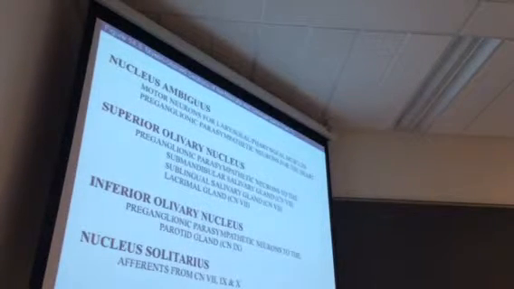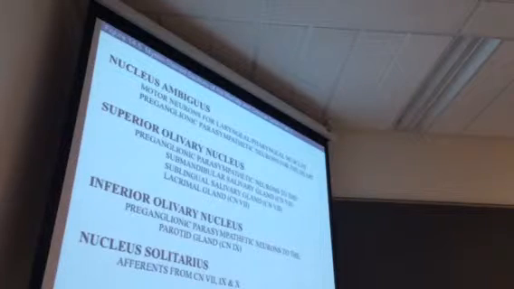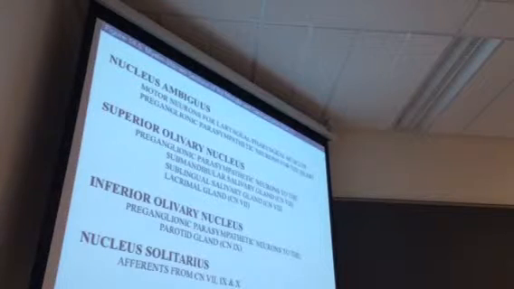Nucleus ambiguus. You should be able to locate nucleus ambiguus. Now, I know a lot of times you want to just look at a section and say, well, here it is in this section. I want you to think about these nuclei.